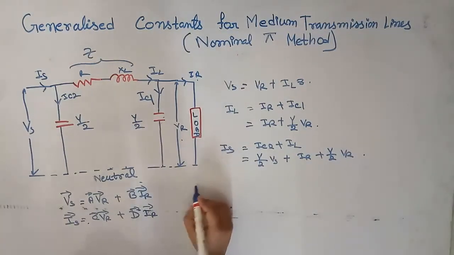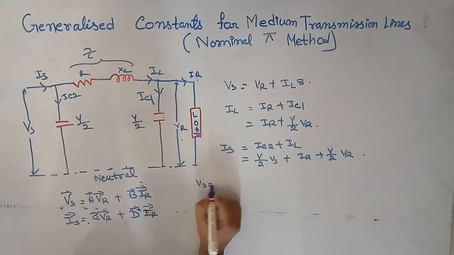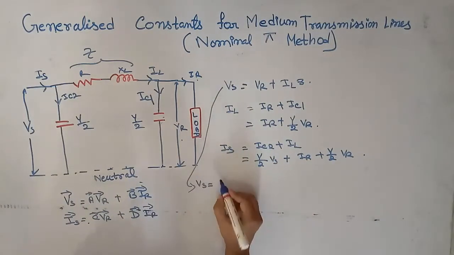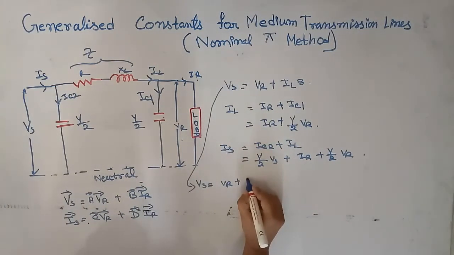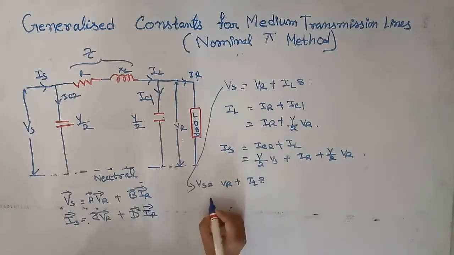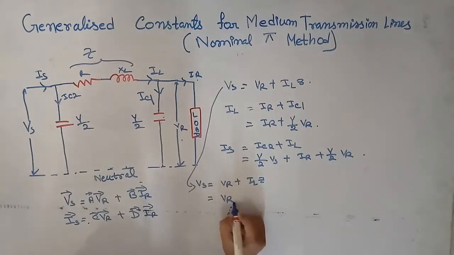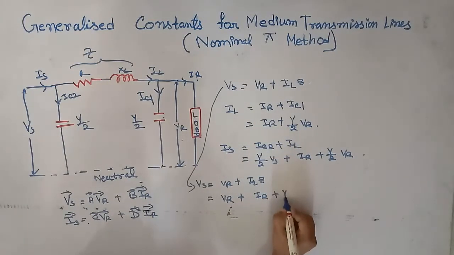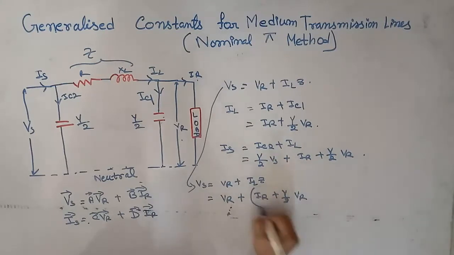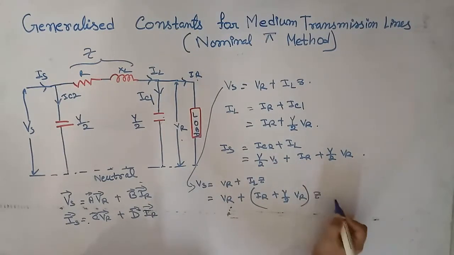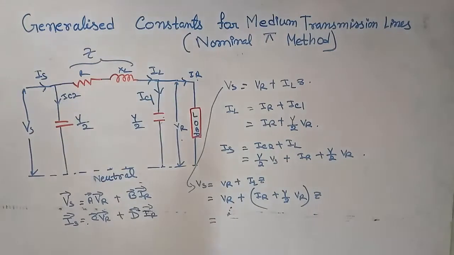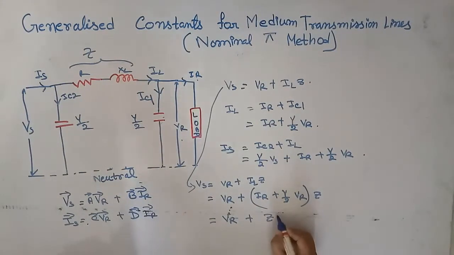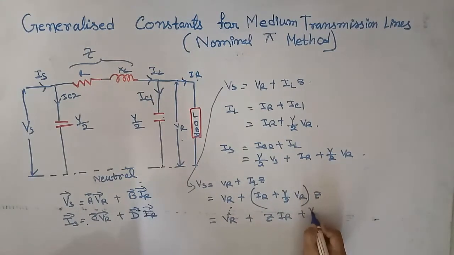Now first, Vs equals VR plus ILZ, or we can write VR plus IL means IR plus Y by 2 VR. This is the value of IL into Z. So VR plus ZIR plus YZ by 2 VR.